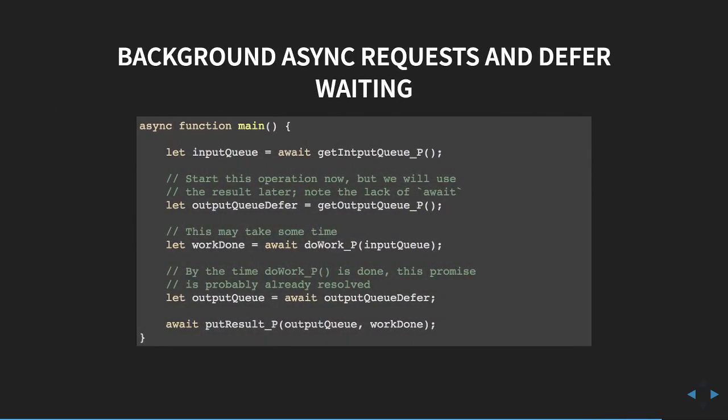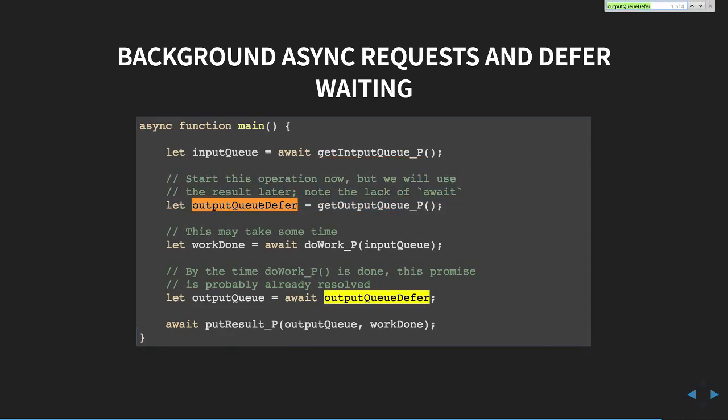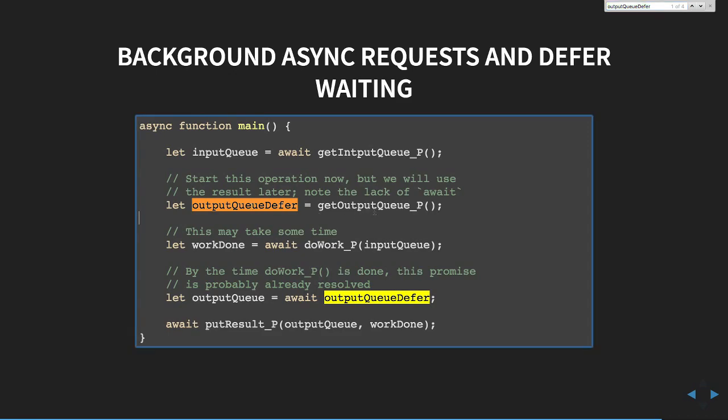Here's another kind of performance optimization pattern, and you can ignore the kind of setup here. This is kind of the gist of it. So we are running this function which returns a promise, and we're storing the promise here in output queue defer. And then we're not using it right away. We're letting that remote operation happen. In the meantime, we're doing some work that takes some time.